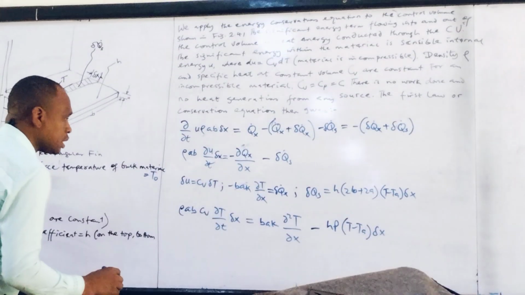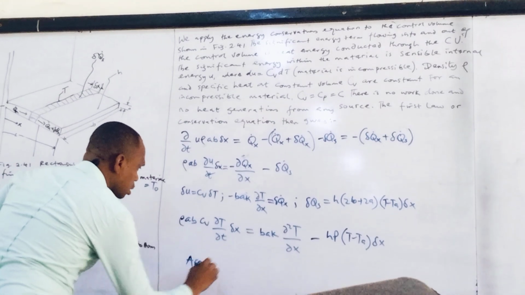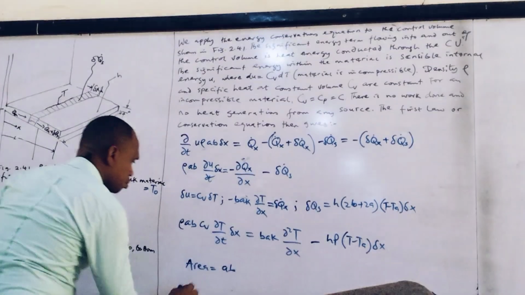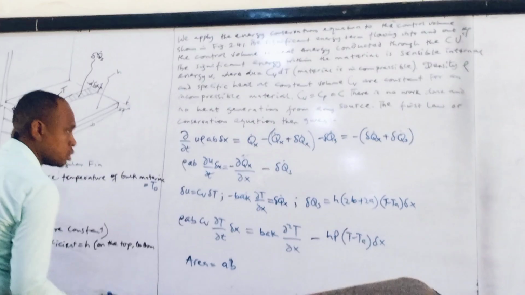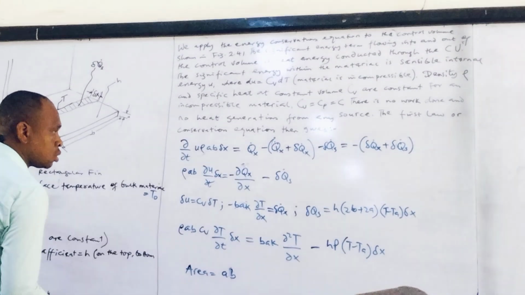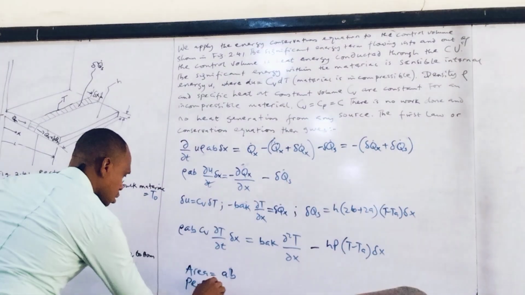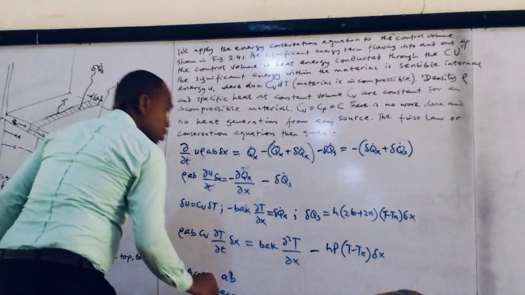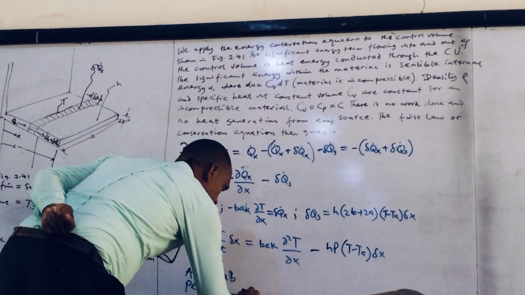because we have that the area is equal to AB, and the perimeter is equal to 2B plus 2A.